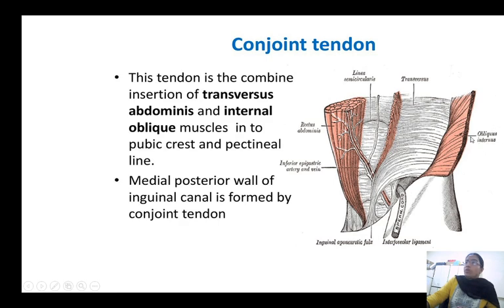The other most important thing is that it forms the posterior wall of the inguinal canal. So this is about the conjoint tendon, also called the falx inguinalis.